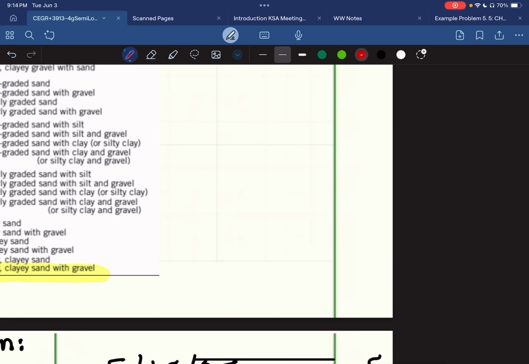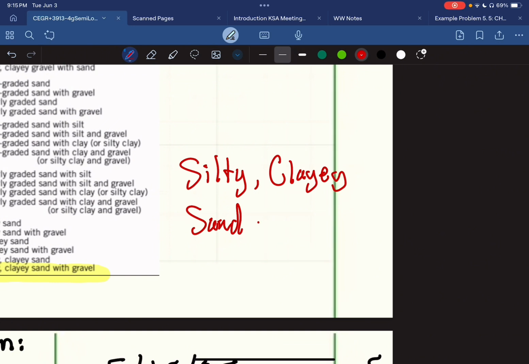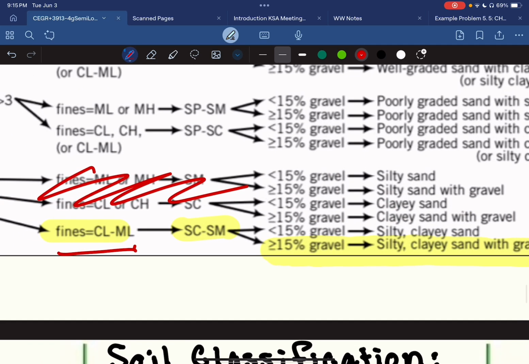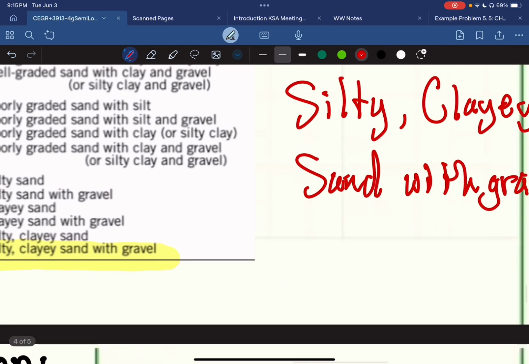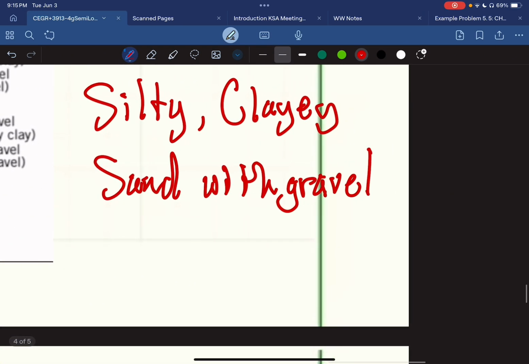It's just silty, clay, and with gravel. You don't have to include the GI index or anything like that. You just gotta make sure the SC-SM showed up. Make sure to tag that at the end.